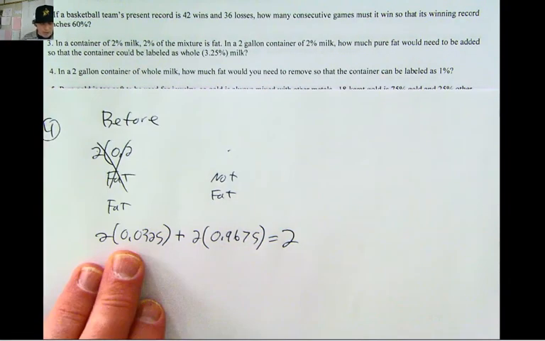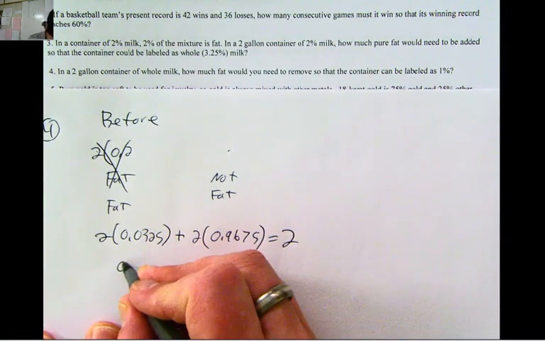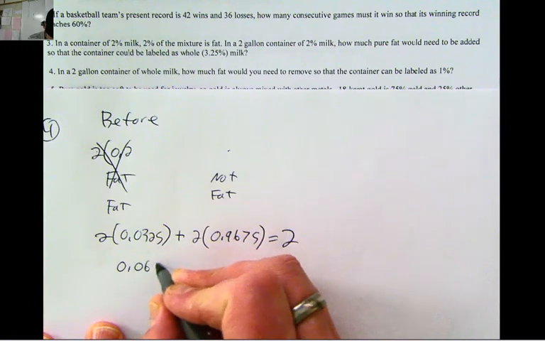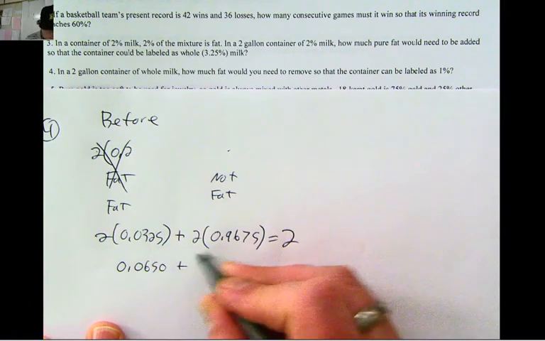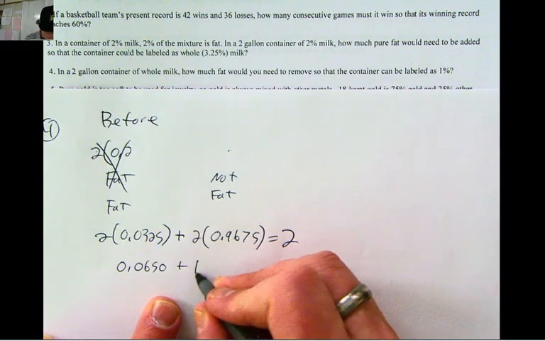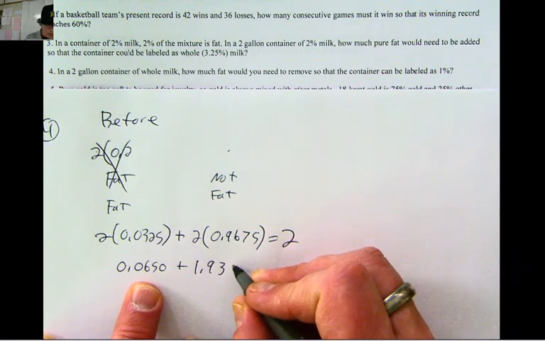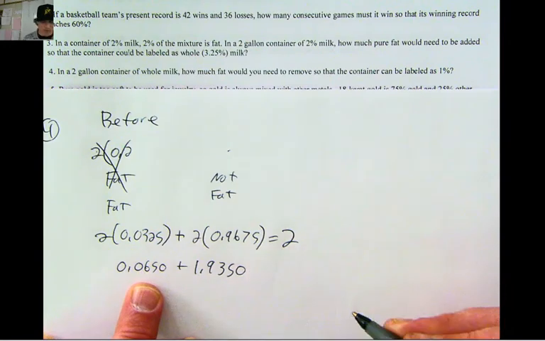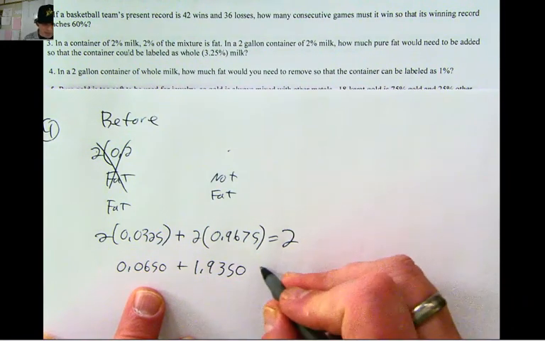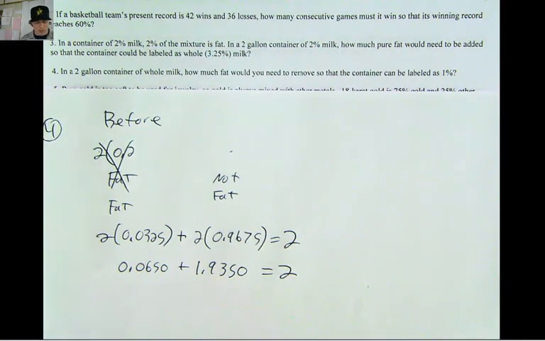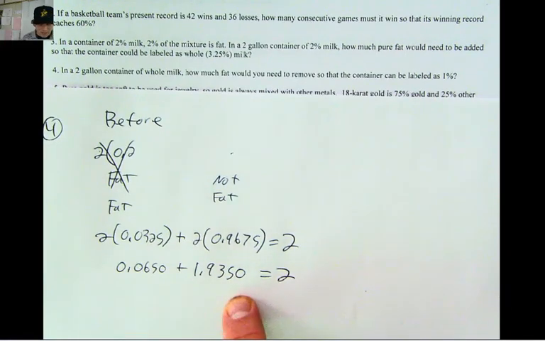So the total amount of fat is 0.0650, and the total of not fat is 1.9350. And these two numbers should add up to the 2 gallons of milk that you have, fat plus not fat.